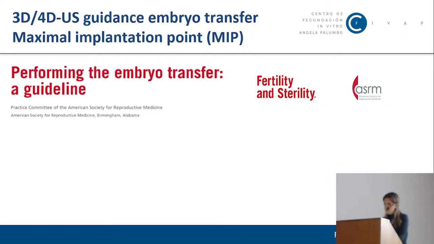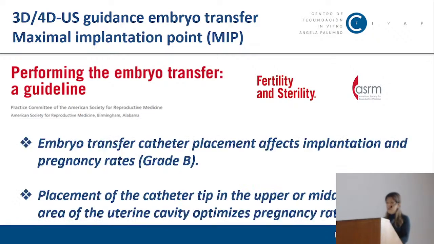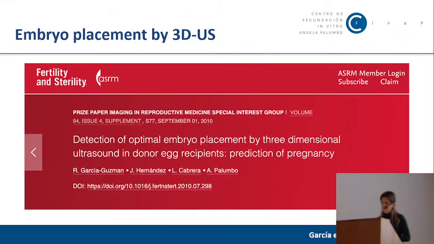And there may be an influence of the length of the uterine cavity. Finally, the American Society states that embryo transfer catheter placement affects implantation and pregnancy rates, and that placement of the catheter tip into the upper or middle central area of the uterine cavity optimizes pregnancy rates.